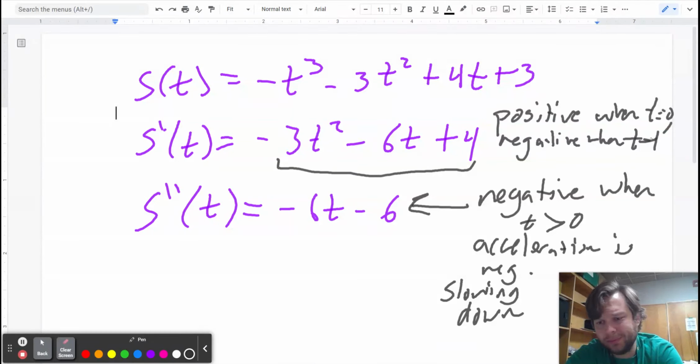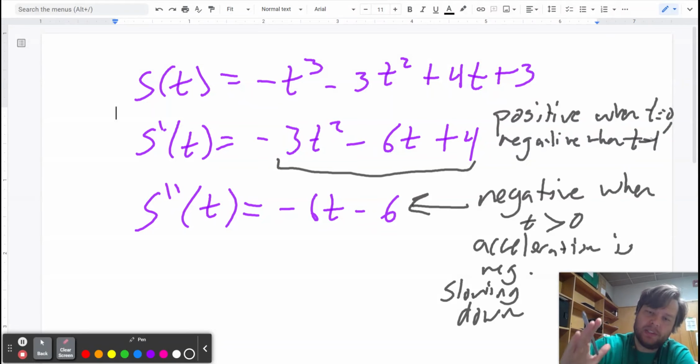And that might be useful information. I don't really need it at this moment. All I know is that it was positive, so it has a positive velocity. It's moving forward, and then it has a negative velocity. It's moving backwards. And so here I know that the particle is slowing down along that whole time. That it starts out moving forward and then it ends moving backwards.